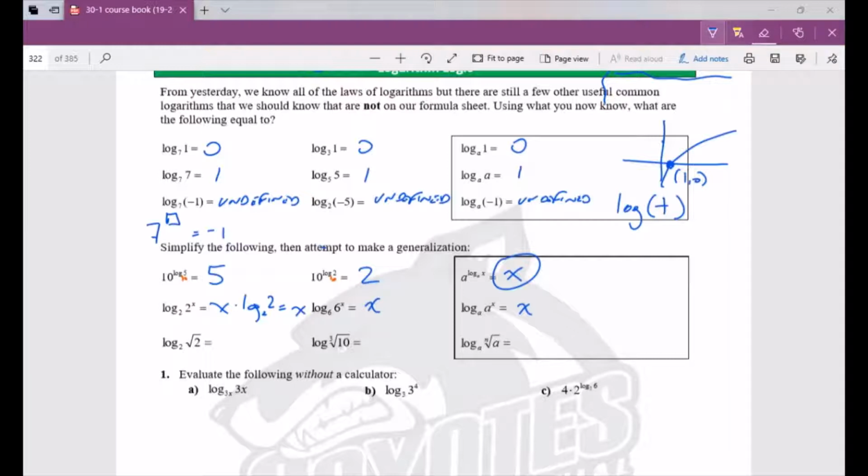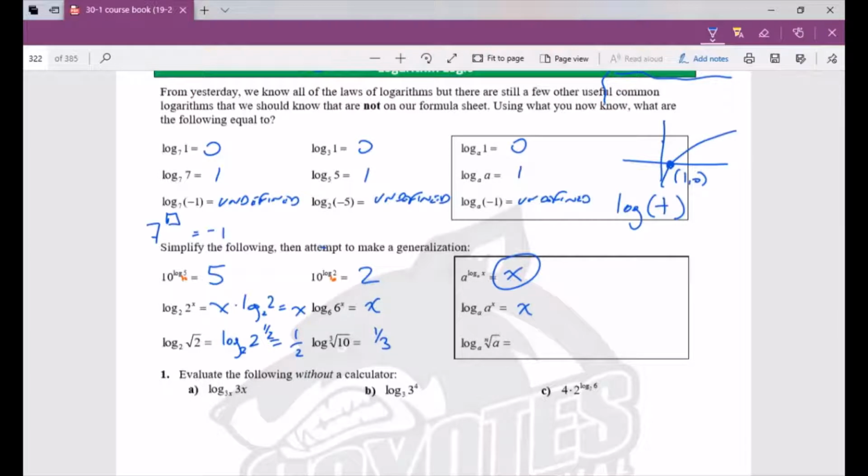And then if we have radicals, if we have roots in here, remember that square root 2 really just means 2 to the half. And if I think about it this way, then that half comes down as a coefficient times log 2 base 2. And so this just ends up being equal to 1/2. Similarly, log of cube root 10 is really the same as logarithm of 10 to the one third.